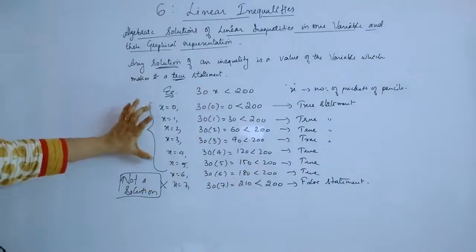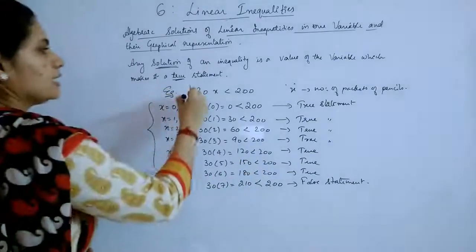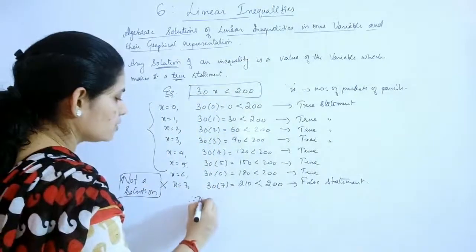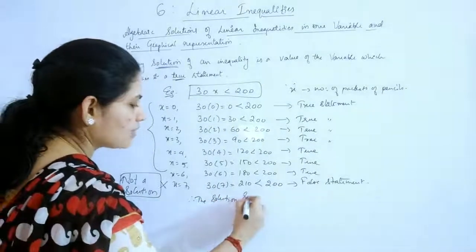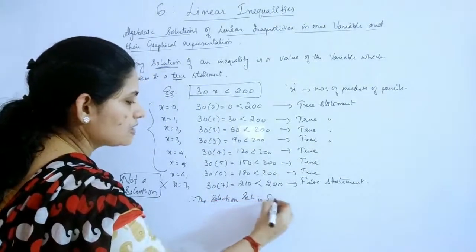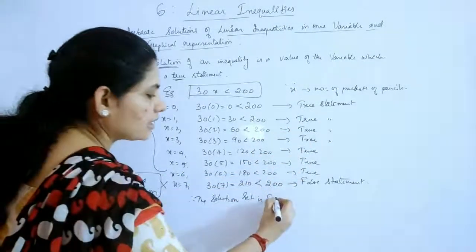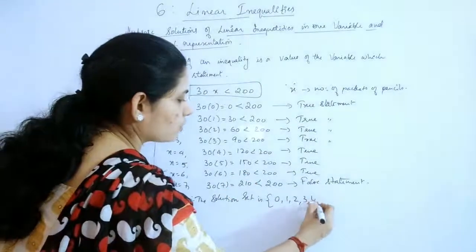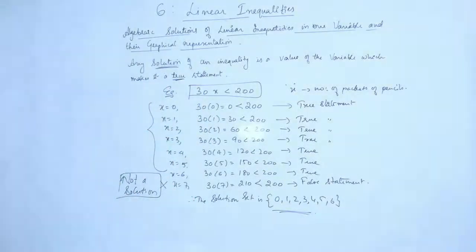Hence all these values are the solution of the inequality 30x less than 200. So the solution set, which I write in set form, consists of the values which give the true statement: 0, 1, 2, 3, 4, 5, 6. So till 6 you have that in the solution set.